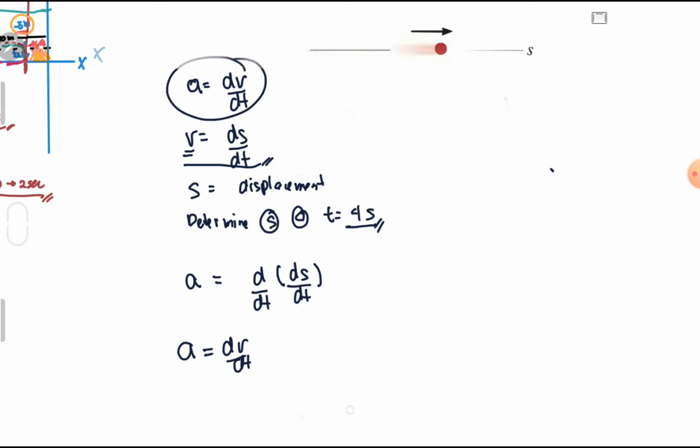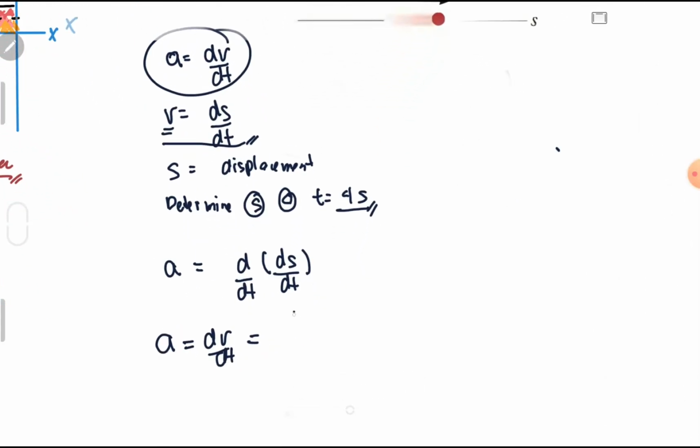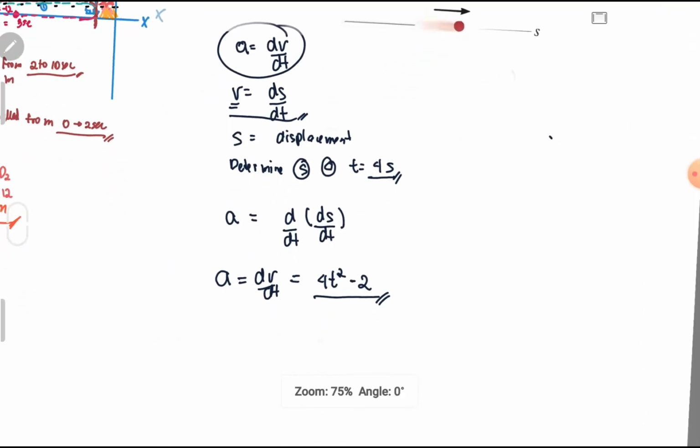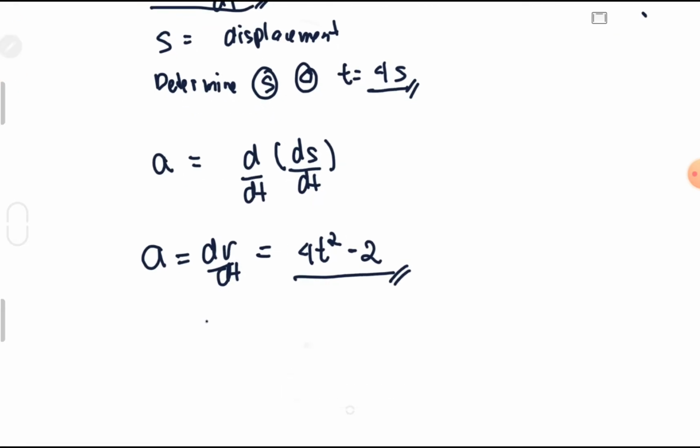Okay? So using this equation, the acceleration is equal to 4t² − 2. This is the value of our acceleration. By manipulation of the equation, we have dv = (4t² − 2) dt.